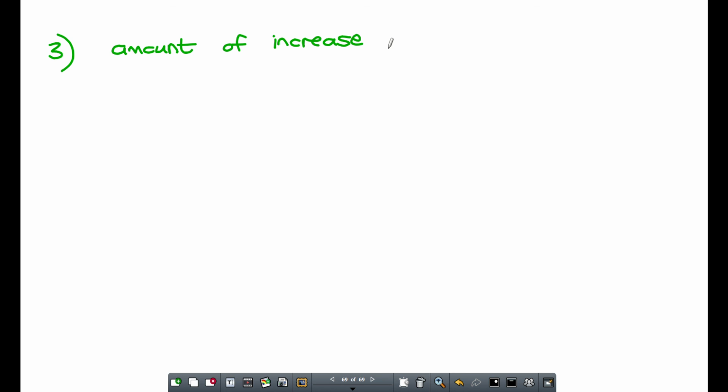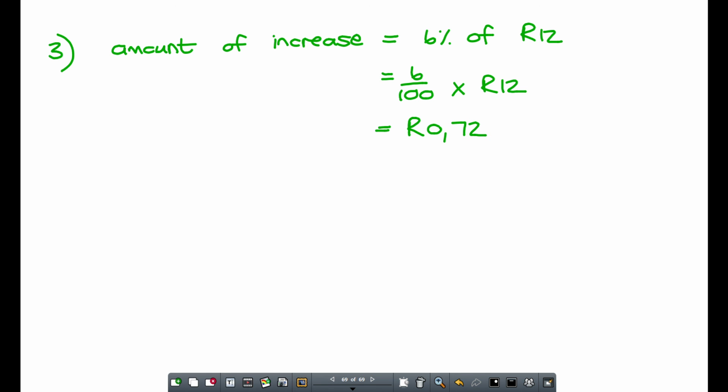And we said to get that, we want to basically work out what is 6% of 12 Rand. Do you guys agree? Okay, so we're going to say 6 over 100 times the 12 Rand. Okay, and that's going to give me 72 cents.